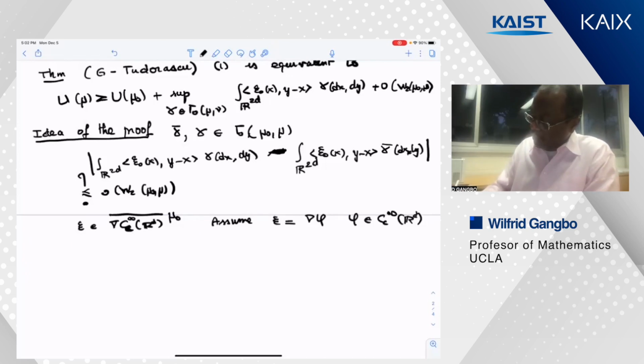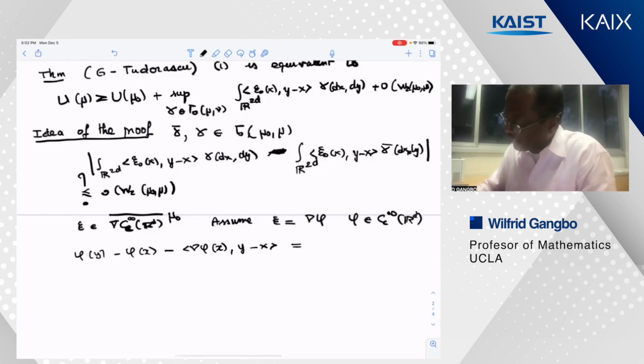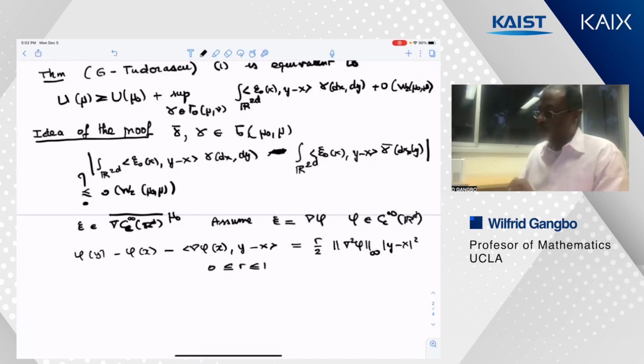So let us observe that if you write phi of y minus phi of x minus gradient phi of x, y minus x, you can write this as r over 2, the L infinity norm of the second gradient of phi, times |y minus x| squared, where r is a function which is between 0 and 1.